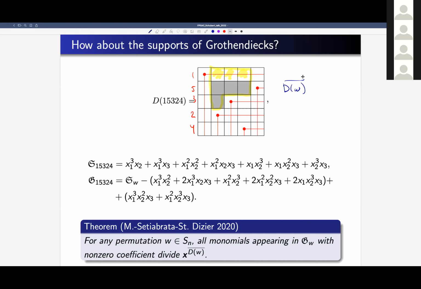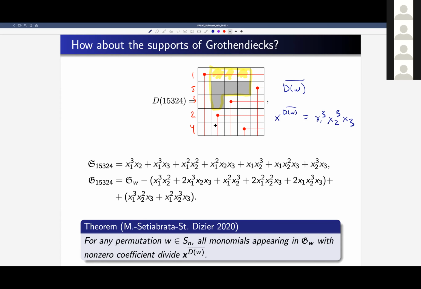Now the monomial corresponding to this, x to the d w bar, is weighted by the rows, right? It's x1 to the third, x2 to the third, x3 in this case. And so the theorem says any monomial appearing with a non-zero coefficient in your Grothendieck has to divide x to the d w bar. So if you look here, of course, it will divide.